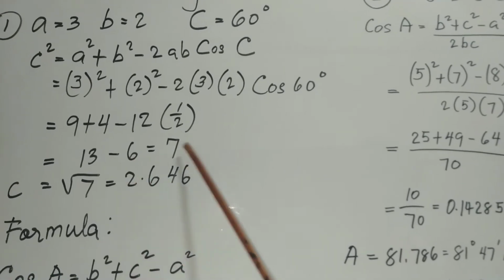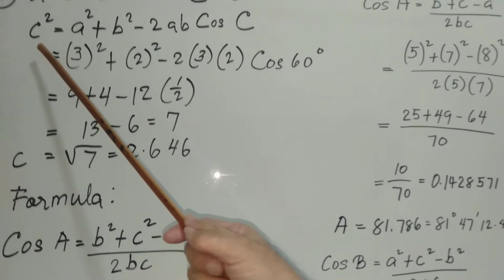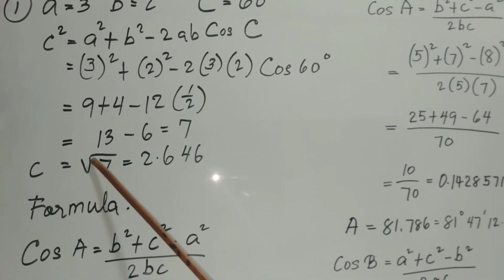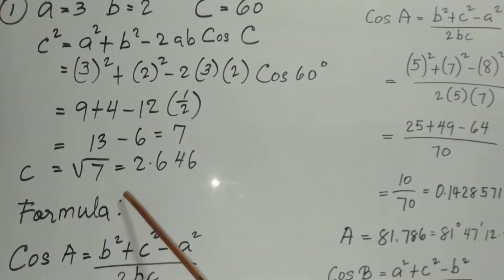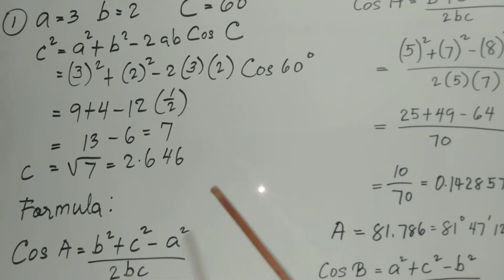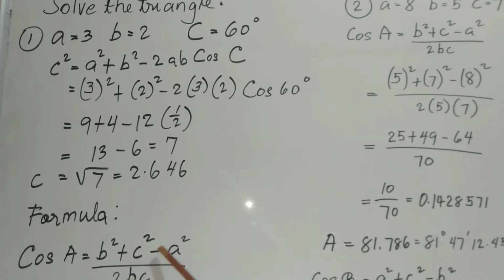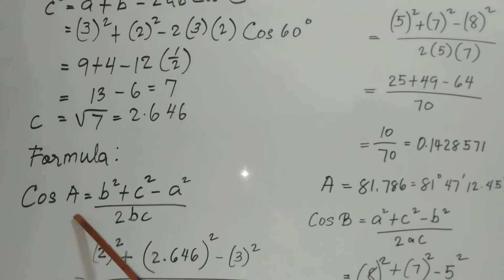So 13 minus 6 is equal to 7. This 7 here is the value for C squared. So we're going to get the value of C by getting the square root of 7, and we'll get 2.646.